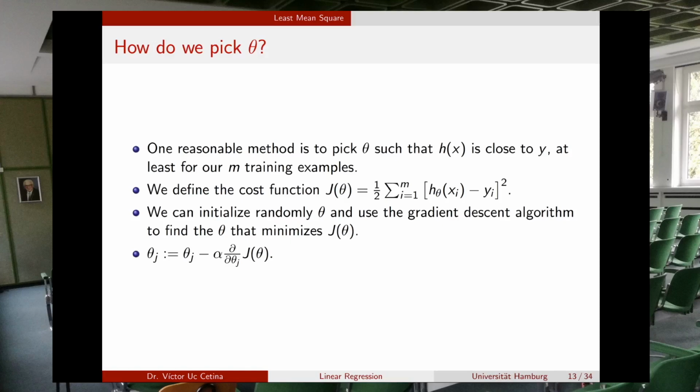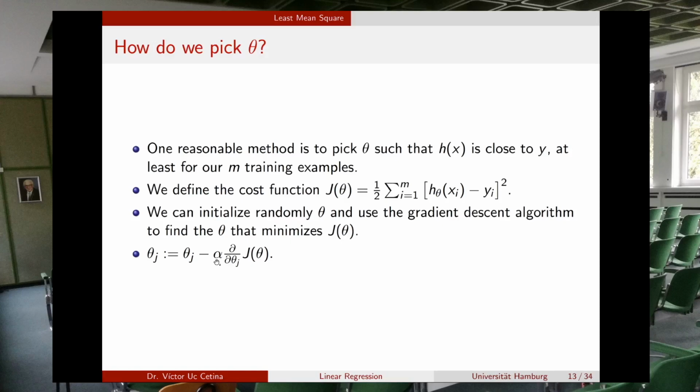Okay, so in gradient descent, what we do is that we have some parameters randomly generated initially, and then we apply many times an update rule, and the rule is something like this. So we have, for a given theta j, we will give it the value that it has currently minus some alpha times the gradient of the cost function J with respect to theta j.